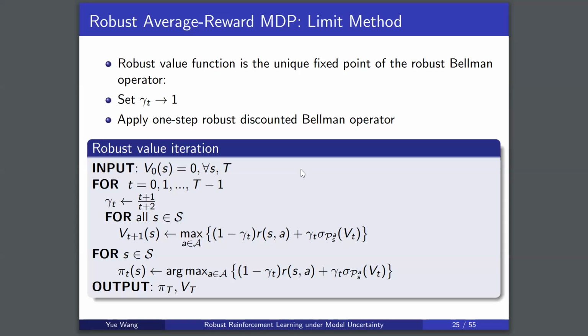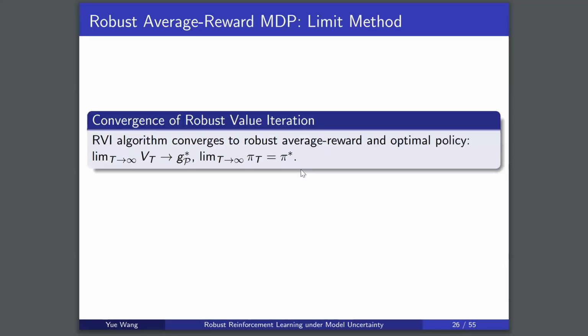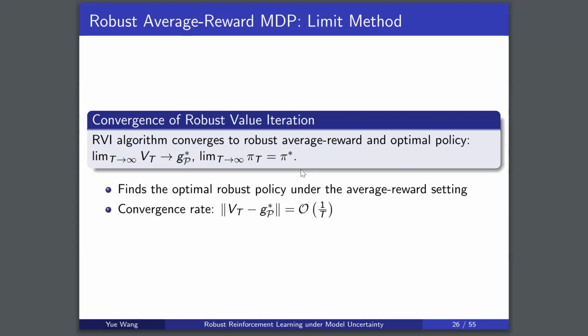By updating the discount factor and applying this Bellman operator recursively, we can show that our algorithm will converge to the robust average reward function, and the greedy policy we obtain will also converge to the optimal policy. So basically, our robust value iteration algorithm finds the optimal policy and hence solves the average reward robust MDP problems.